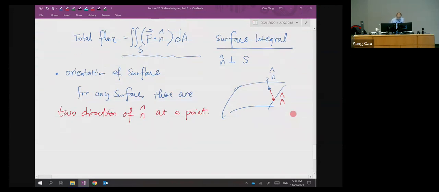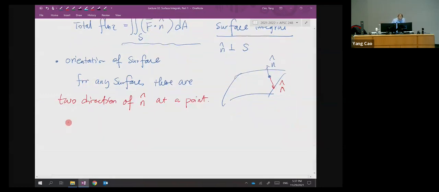So you will actually face the decision: which n hat should I pick for a particular calculation of a certain surface integral in a certain question? Now there's a rule of thumb here.